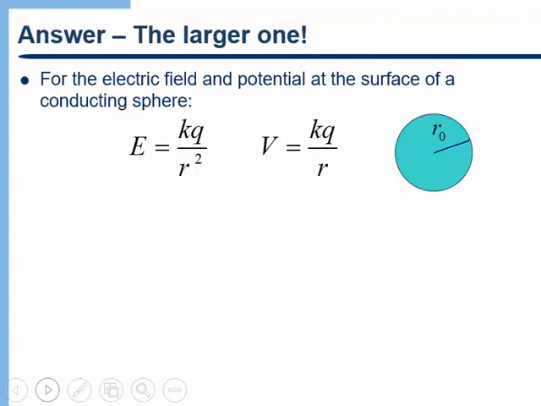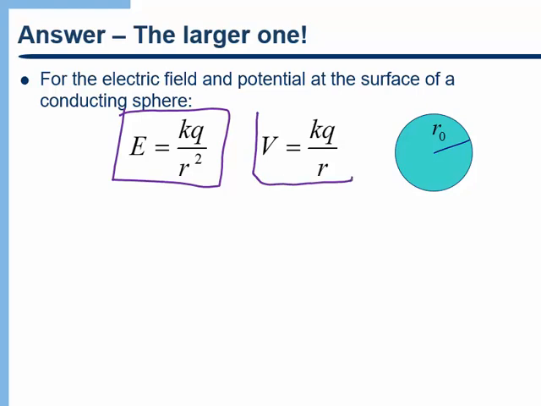Well, it turns out that the larger one could be brought to a higher potential before you started getting sparks. And we can see why this is. We know how to find the electric field anywhere at the surface or outside the surface of our conductor. It's just the same as the point charge, kq over r squared. Remember, we also now know how to find the electric potential at a distance r from the surface out of a conductor.